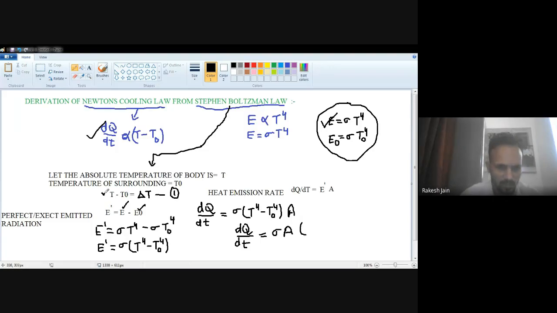We have already seen in equation number 1 that T minus T0 is equal to del T. It means T is equal to T0 plus del T. From equation number 1, the difference between the absolute temperature T and the temperature of the surroundings T0 is del T. When I move T0 to the right-hand side, it becomes plus T0 and adds to del T. So in place of T raised to the power 4, I remove this bracket sign.